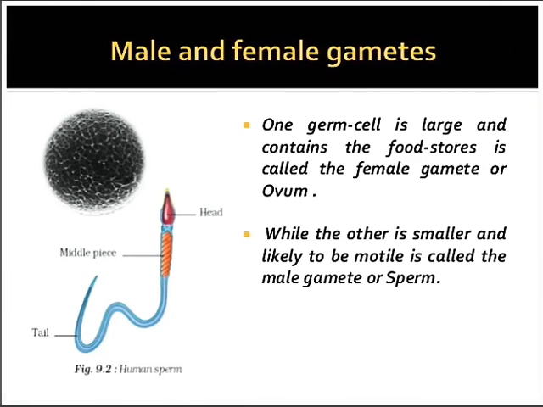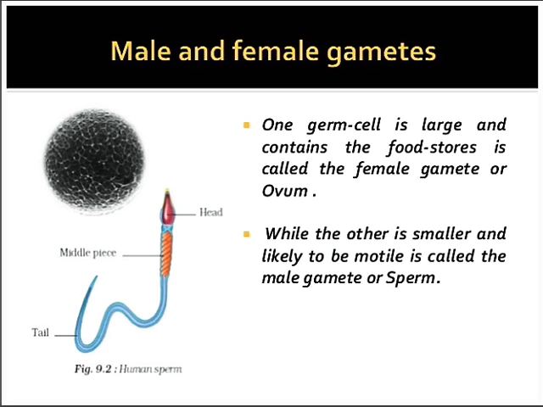Now we will go with the gametes. In sexual reproduction, there are two types of gametes, male gametes and female gametes. Female gamete is basically non-motile, that means they don't travel, spherical, and they contain half the number of chromosomes from the mother body.